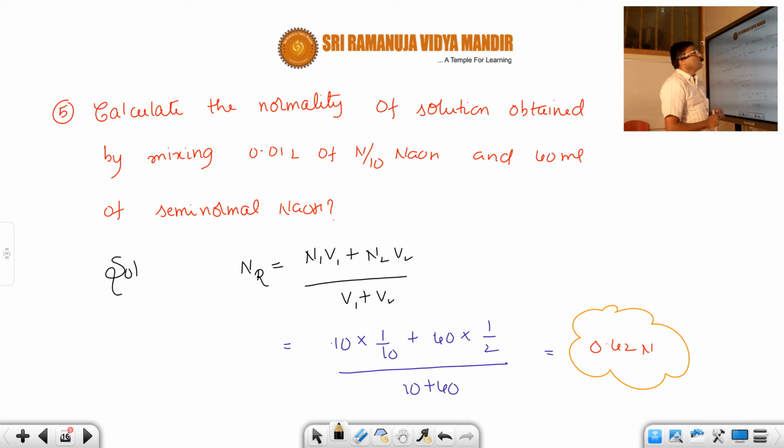Now here the question is a mixing of two bases, both NaOH only. So this is V1, this is N1, and semi-normal is N2, this is V2. Semi-normal means 1 by 2.